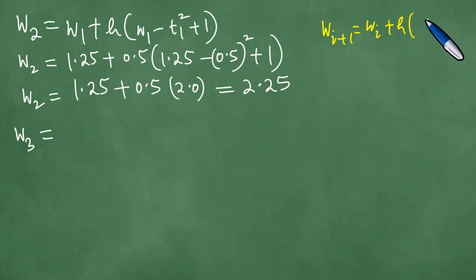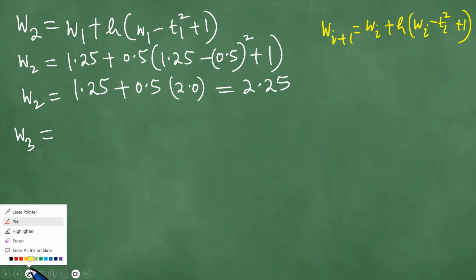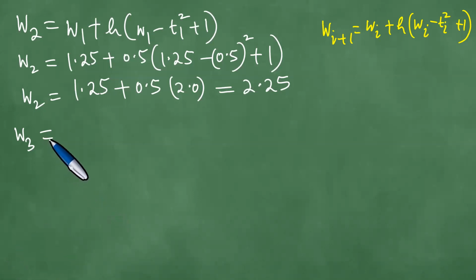In this case, it's W(i) plus h times (W(i) minus T(i) squared plus 1), like this. So with that said, this is W3. Here we put i equals 2.